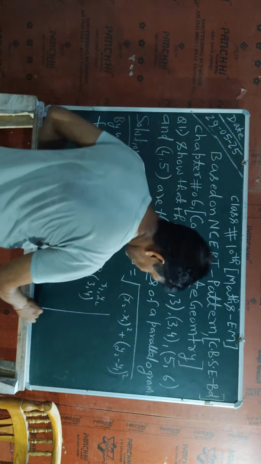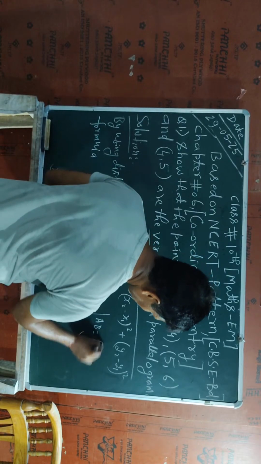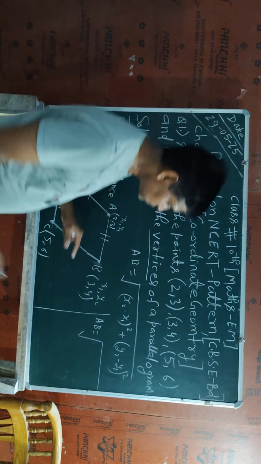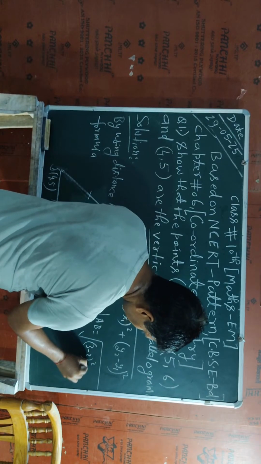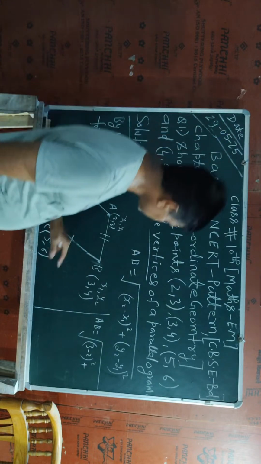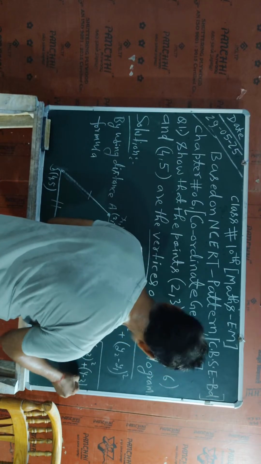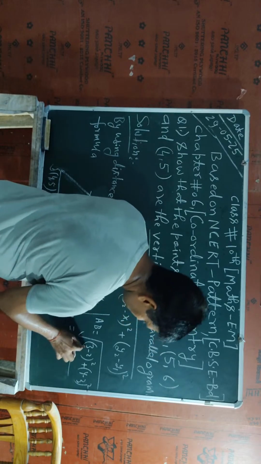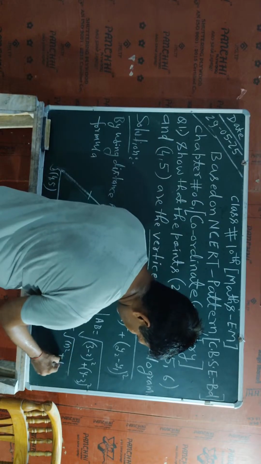Now further I am going to simplify it. Here I will put AB equal to the square root of x2 minus x1, where x2 is 3 and x1 is 2. So here I will write 3 minus 2 whole square plus y2 minus y1, where y2 is 4 and y1 is 3. So here I will write 4 minus 3 whole square. After simplifying, 3 minus 2 is 1 whole square, and this is also 1 whole square.